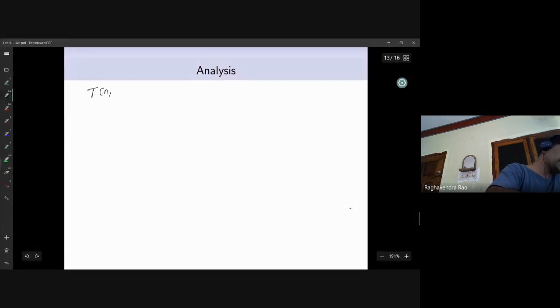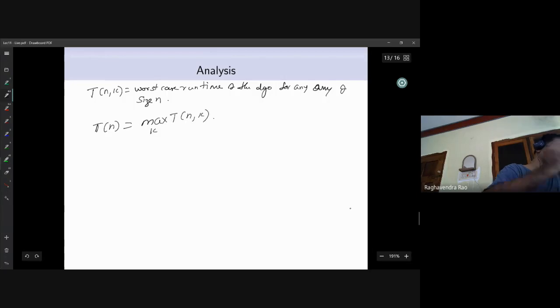T(n) is the worst case running time, in terms of comparisons, of the algorithm for any array of size n. And as usual, I take T(n) as the maximum over all k.